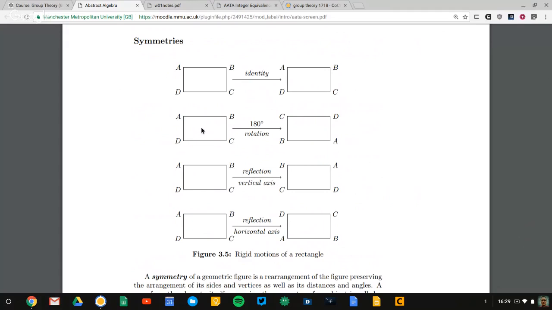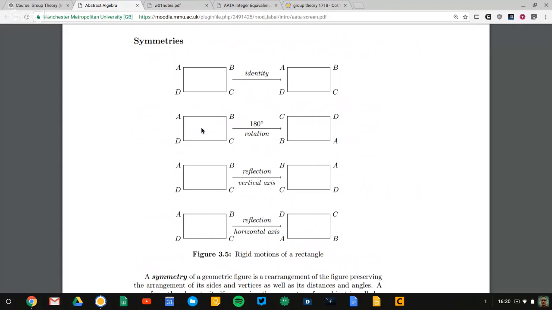But the operation we're talking about here is composition. These are functions. Each of these things is a function of the symmetries of R2. So they're functions from R2 to R2. As such, they can be composed. I've already started using the symbol E for the identity.